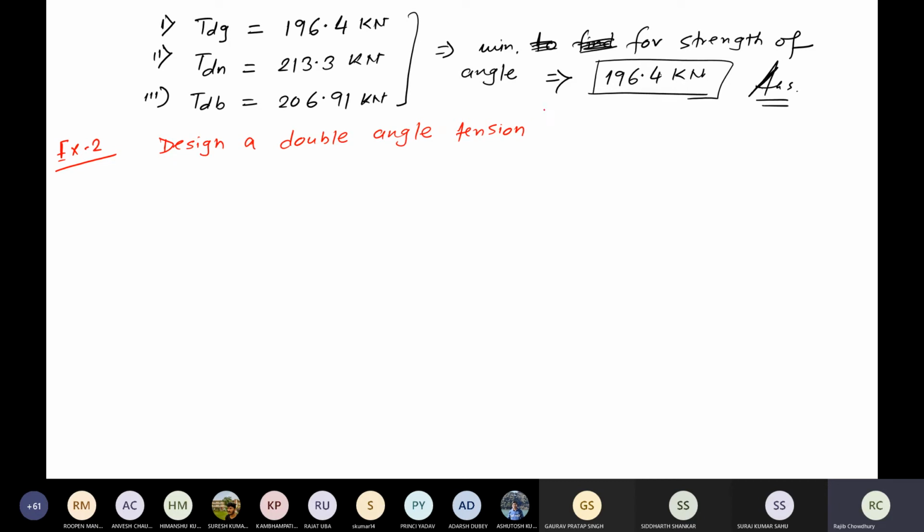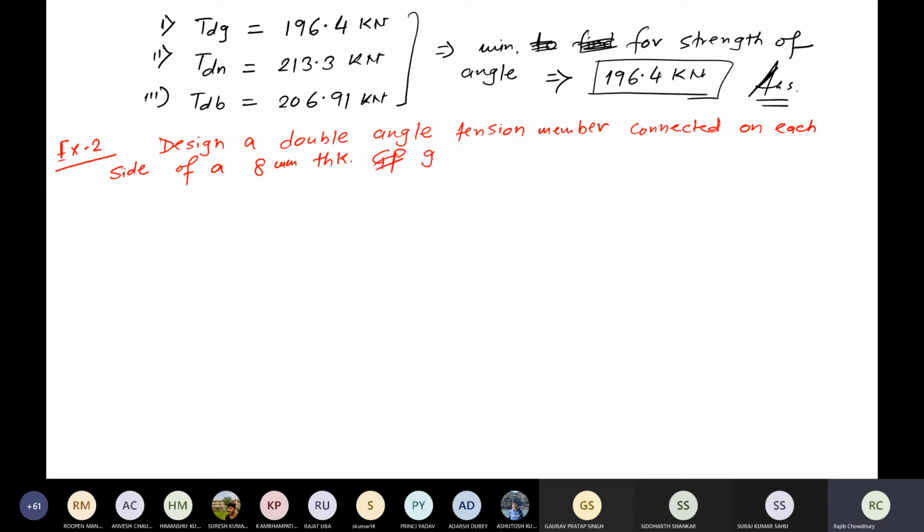So the tension member connected on each side of an 8 mm thick gusset plate.